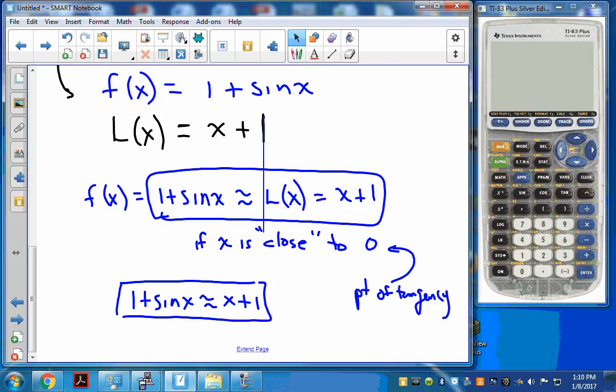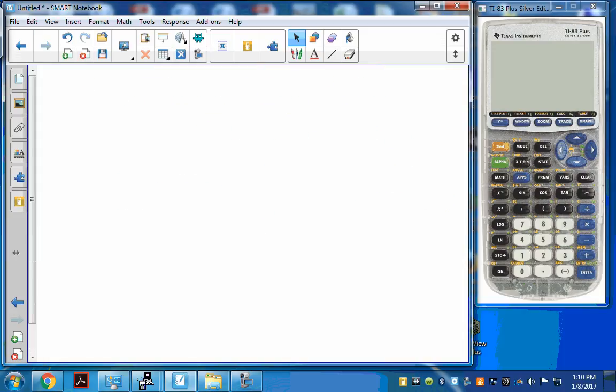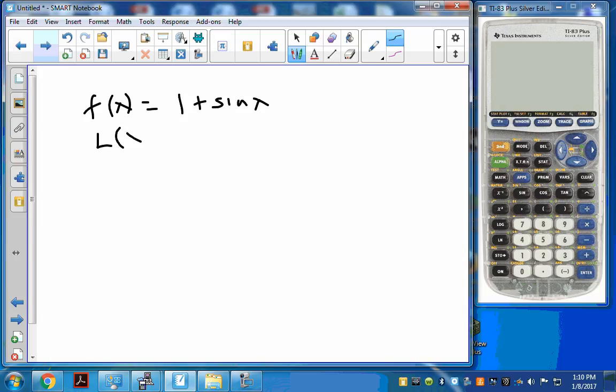When the tangent line to the graph of f is at the point c, f of c, we're going to generalize this idea. So instead of saying, for a particular situation, f is equal to 1 plus the sine of x and L is equal to x plus 1, I want to generalize it.